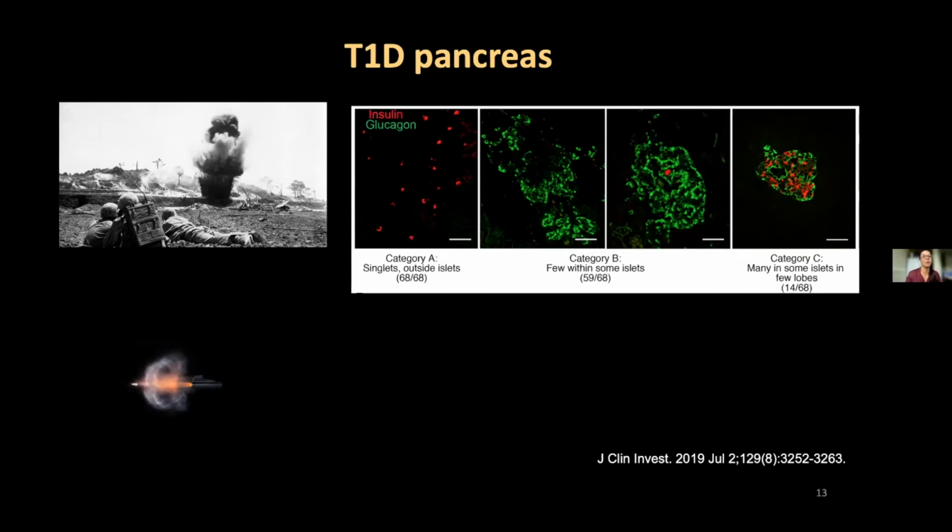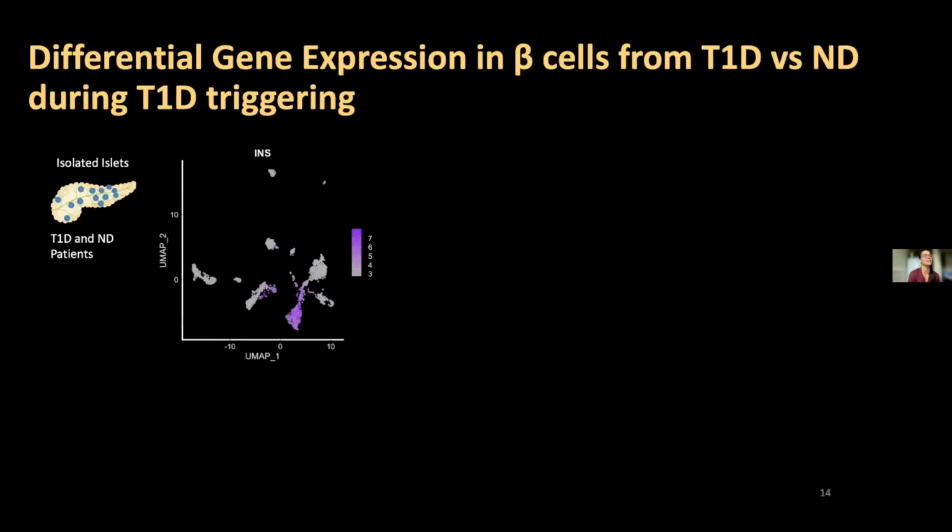I'm working on sequencing pancreatic islets from recently diagnosed type 1 diabetic and non-diabetic patients. My idea is to understand the differential gene expression in beta cells from recently diagnosed type 1 versus non-diabetic beta cells during the trigger.